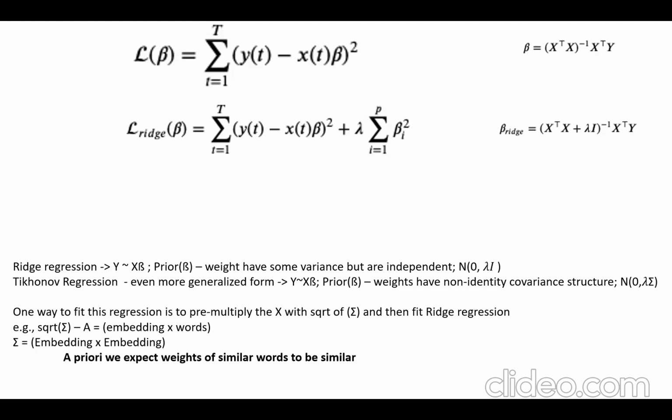A slight generalization: ridge regression is a specific case of Tikhonov regression, which is almost exactly the same thing. It's just that in ridge regression we say the weights are identically distributed, so they're not correlated. In Tikhonov regression, we say that they're distributed based on some covariance matrix. So with Tikhonov regression, we can say, well, you know what?